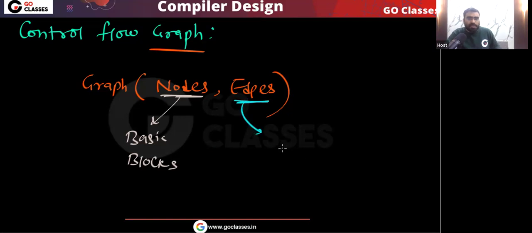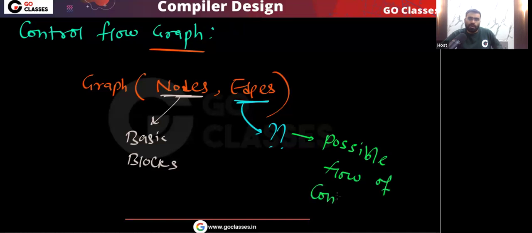How to put edges? That is remaining. You already know edges represent flow of control. So remember, we will put an edge if there is possible flow of control from one basic block to the next basic block.